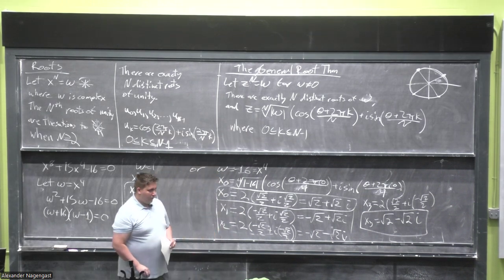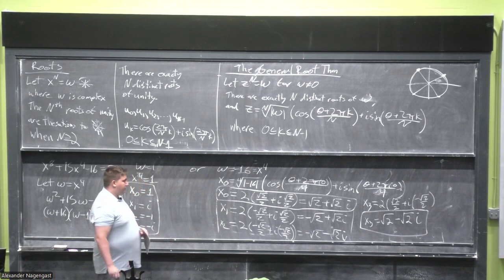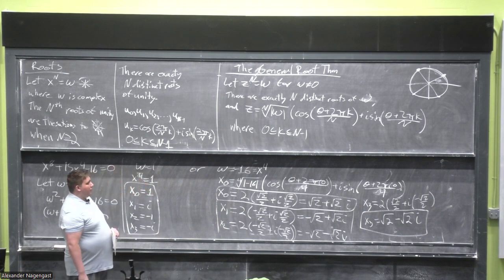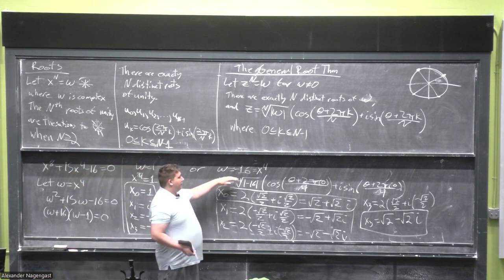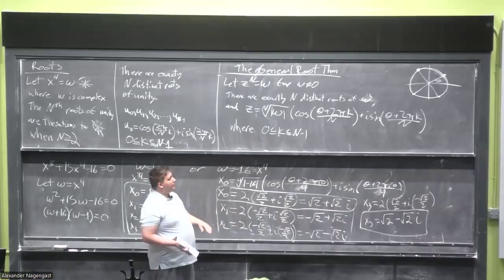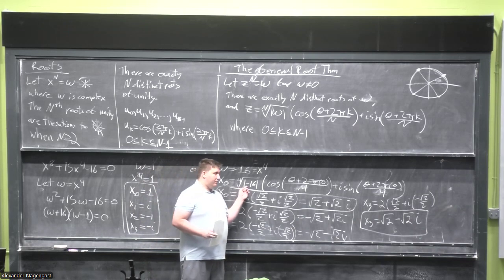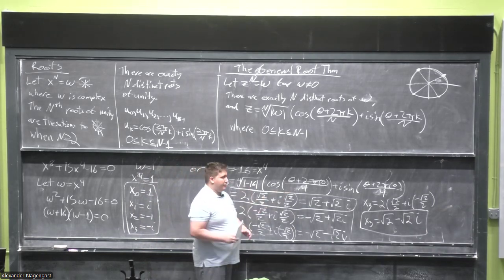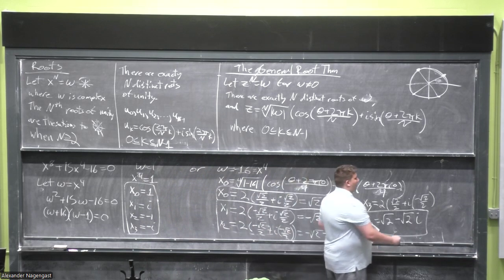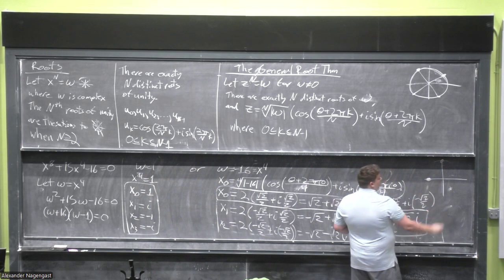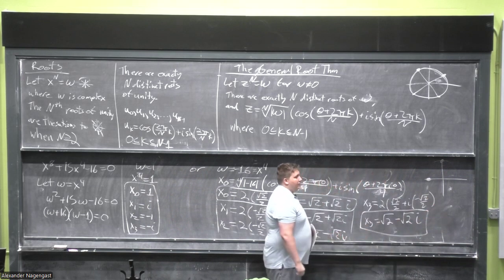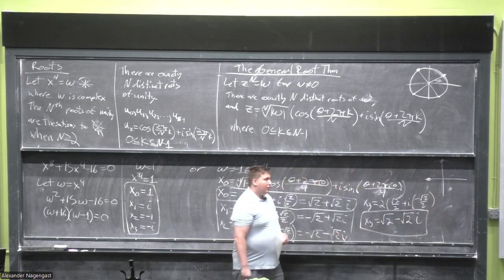Now, why did I choose pi? So again, we have a negative 16. So in order to find a negative 16 in terms of the representation, I needed to start here. That's where I needed to start, was at negative 16.